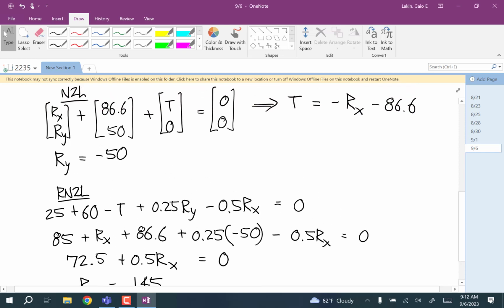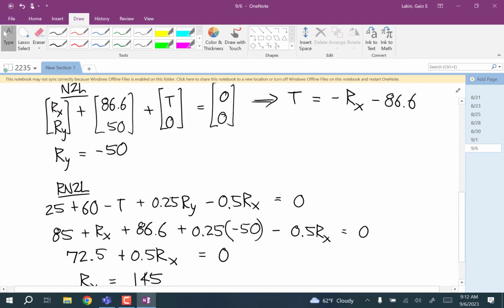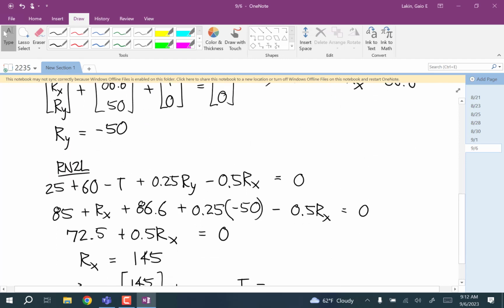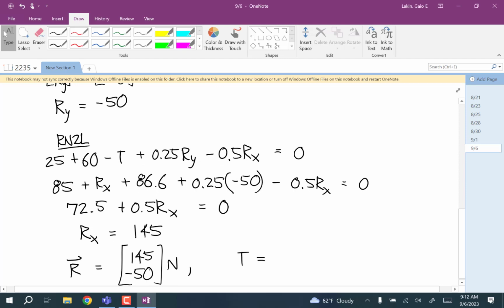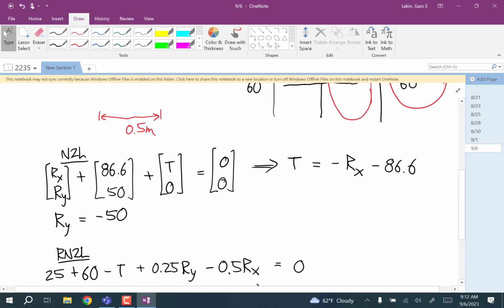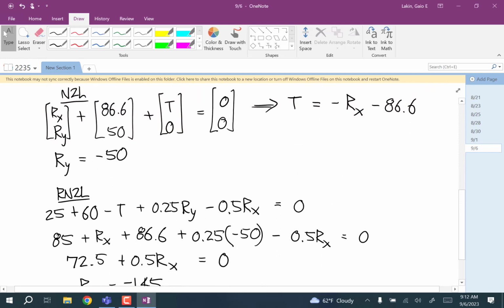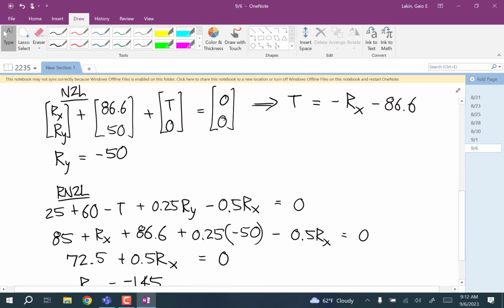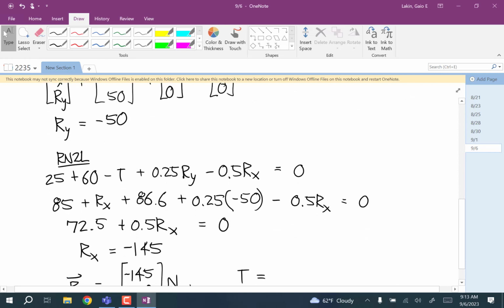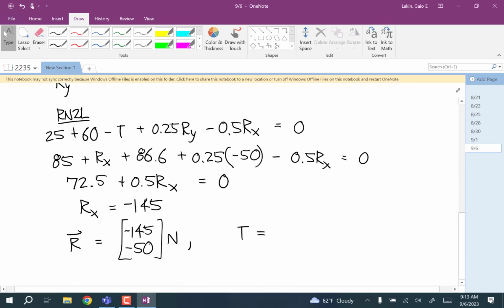I think Rx is supposed to be negative. Rx is supposed to be negative. Yes, that's right. And so 145. So what's 145 minus 86.6? 58.4.